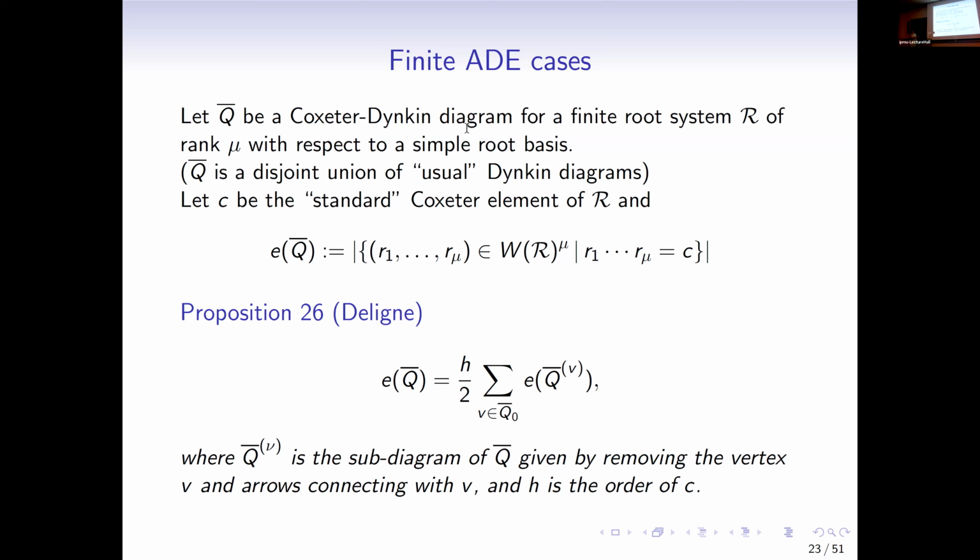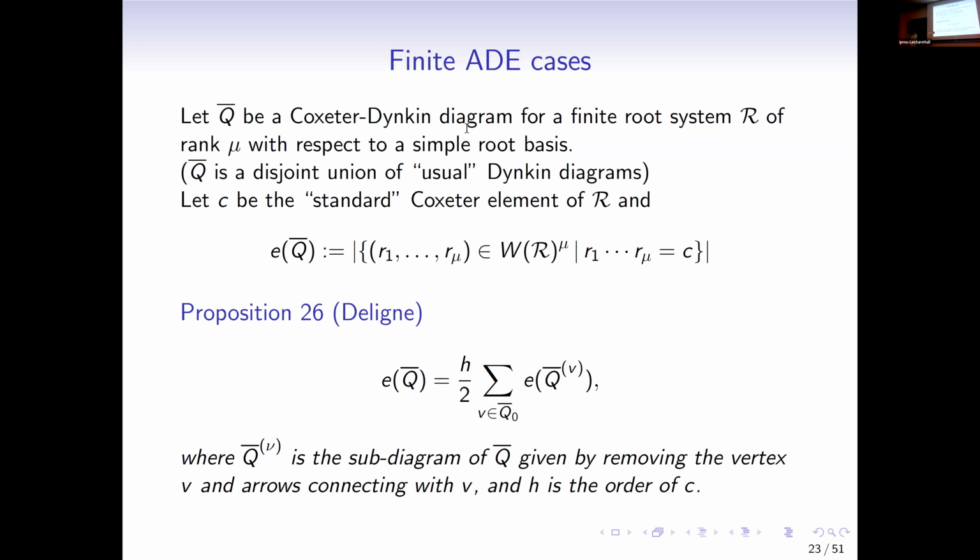Then we show this recursion formula. Here, Q bar with this small b is the subdiagram of Q bar given by removing the vertex b and the arrows connecting with b.